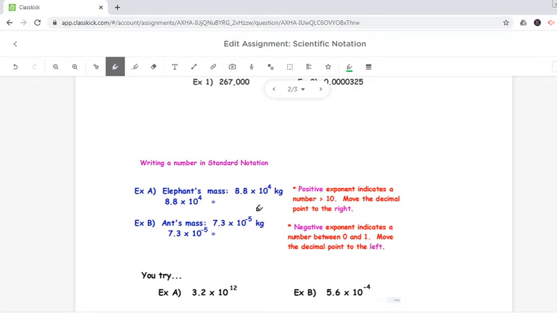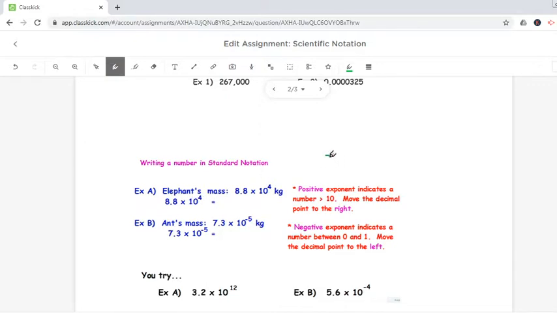An elephant's mass is 8.8 times 10 to the fourth. It's between 1 and 10, so it's good. And if it's a positive exponent, it indicates a number greater than 10. Move the decimal point to the right. So 8.8 times 10 to the fourth.